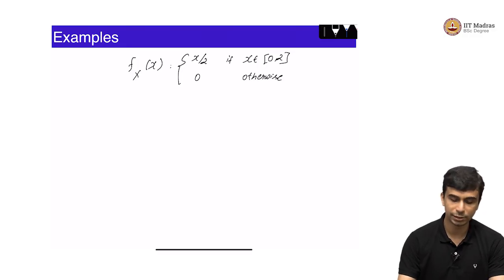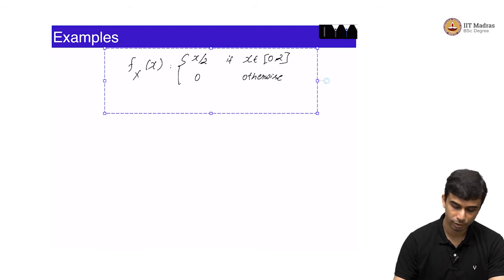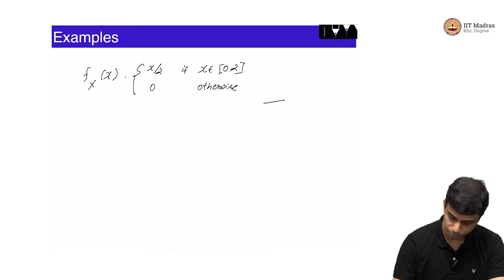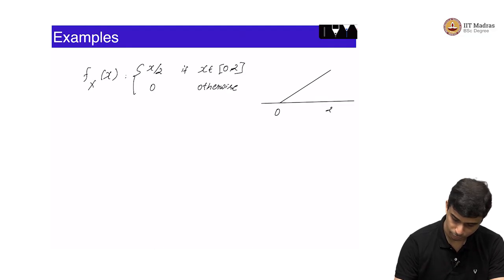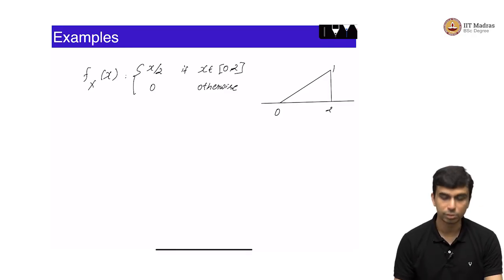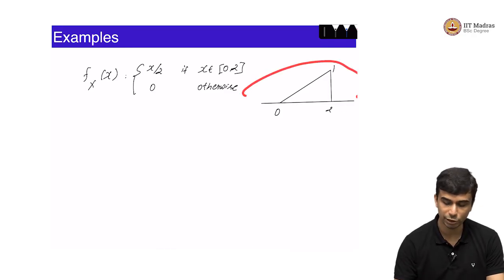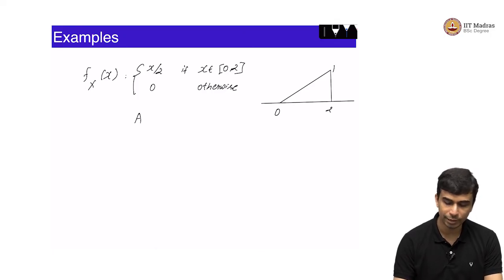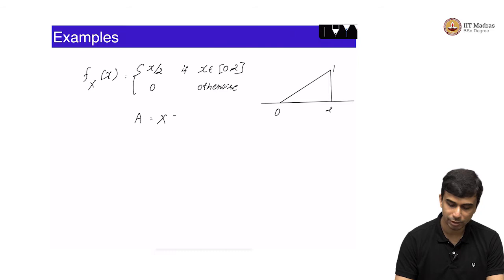We have already seen that this is a valid density function, and it will look as follows, with a value of 1 here. This is how the density function of X is going to look. Let us have a very simple event here. The event A is simply X is greater than 1.